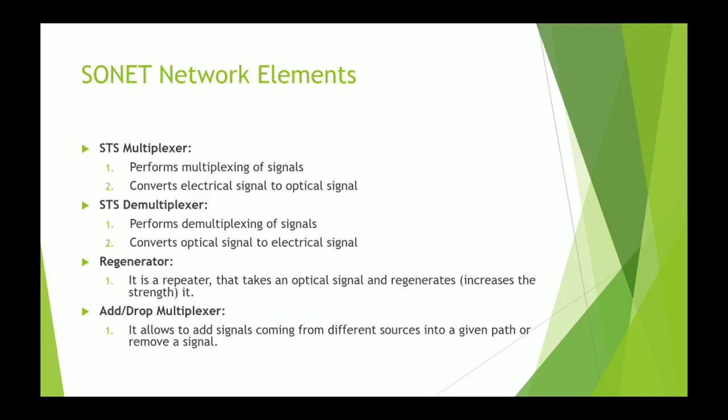Regenerator is also known as a repeater that takes an optical signal and regenerates it, which means it increases the strength and transmits it. Then add or drop multiplexer. Add or drop multiplexers allow adding signals coming from different sources into a given path, or removing the signals coming from a path to different sources.